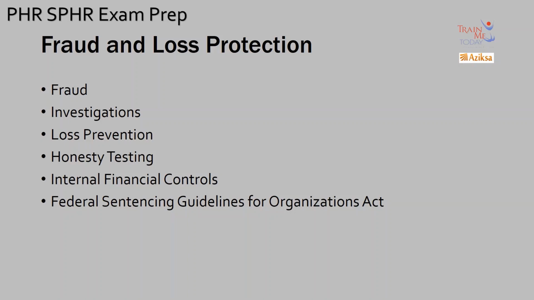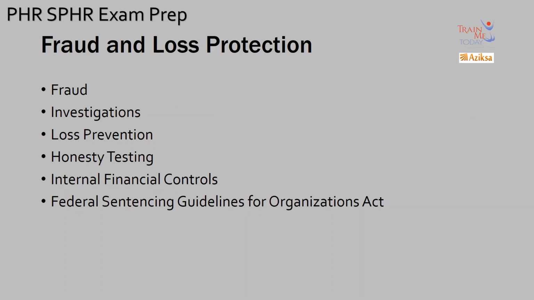Extensive research has shown that some of these instruments not only produce reliable information that validly predicts dishonest behavior, but that they also are free from biases of age, race, and sex. These honesty tests represent a valuable selection tool for choosing employees who will occupy positions that involve handling money. You also want to make sure that you have good, solid internal financial controls, which include checks and balances.